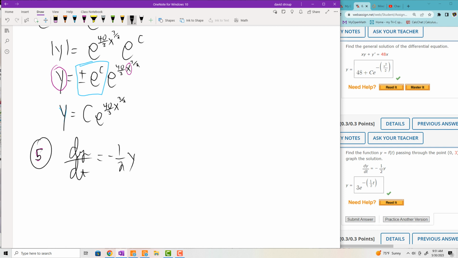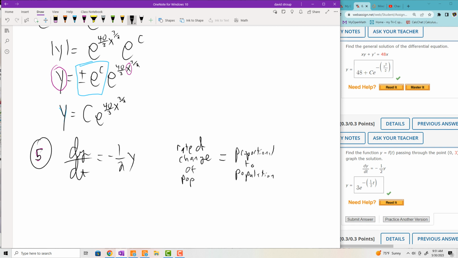So the way it works is always going to be the rate of change of the population, which is that dy over dt thing, is proportional to the population.